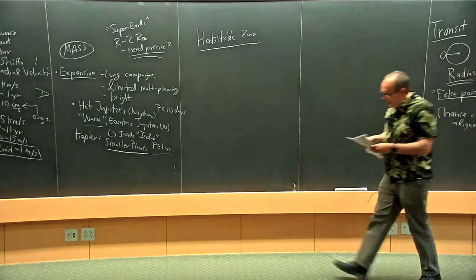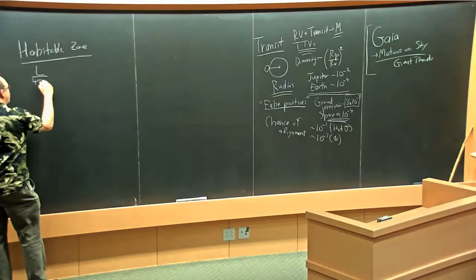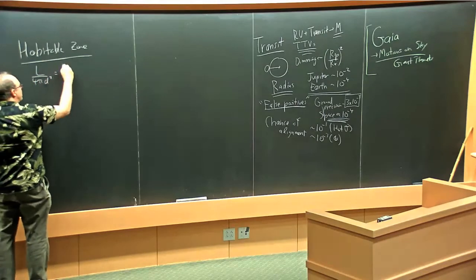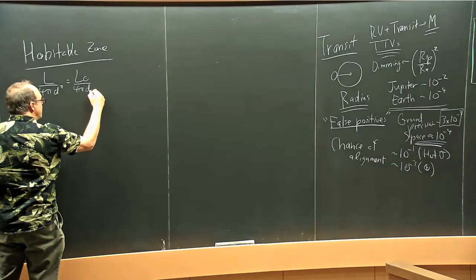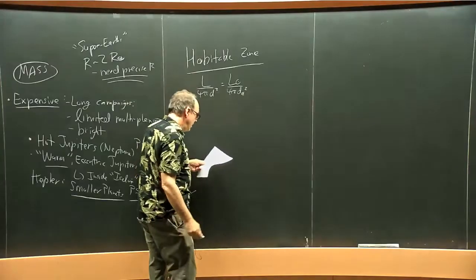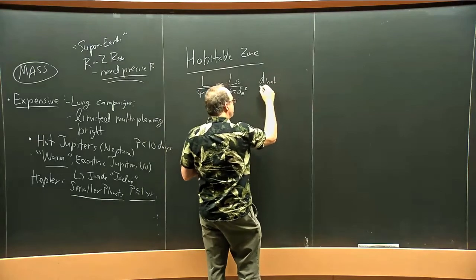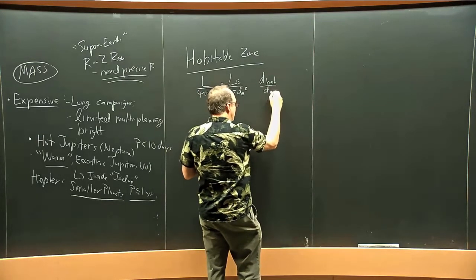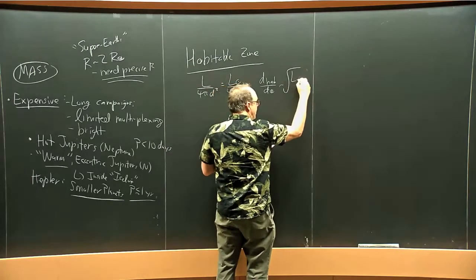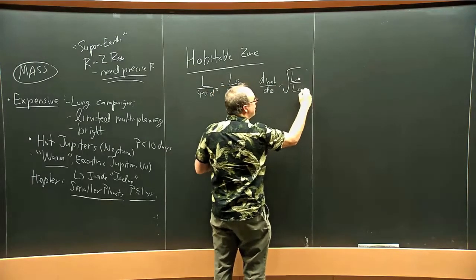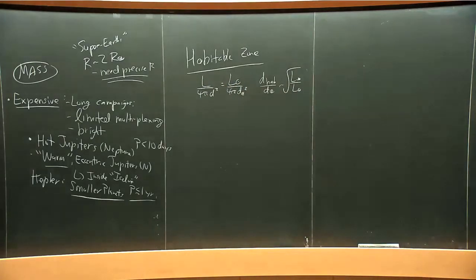So you might instead look for cases where you have Earth-like fluxes. That is to say, where L over 4 pi d squared is equal to L sun divided by 4 pi d Earth squared. Okay? And this gives you a characteristic habitable zone scaling, relative to the habitable zone of the Earth, which scales roughly as the square root of the luminosity of the star divided by the luminosity of the sun.